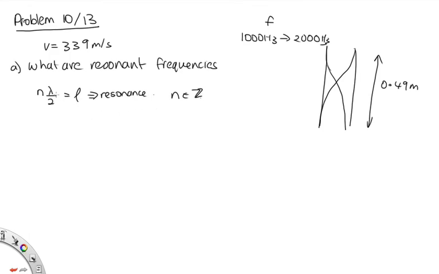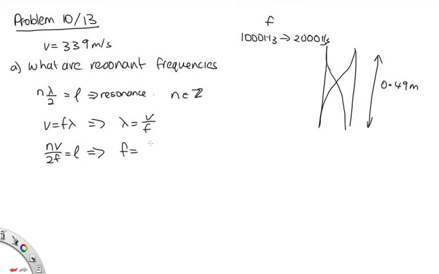Okay, so we know the velocity, we know the frequencies, so let's get rid of this lambda. We have v equals f lambda, which tells us lambda equals v over f. We can put that into this equation, and we end up with nv over 2f equals L. Now what we're interested in is these frequencies, so let's make frequency the subject.